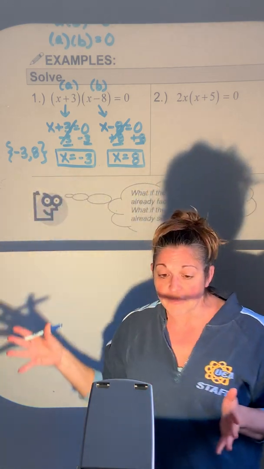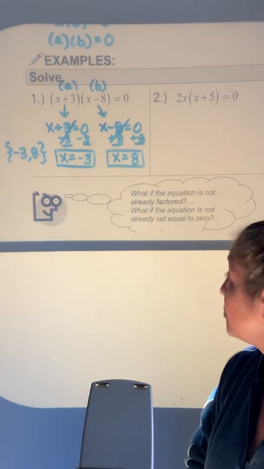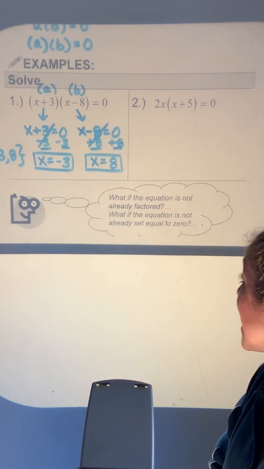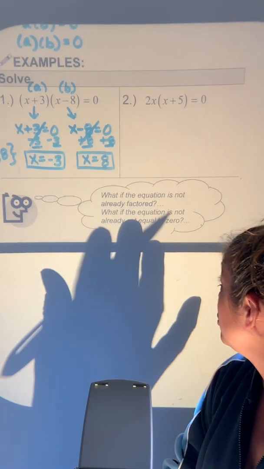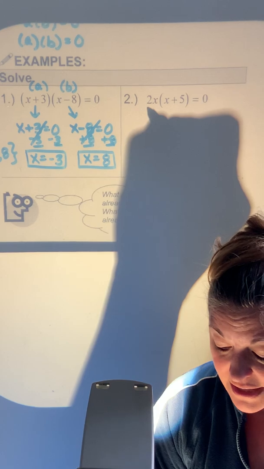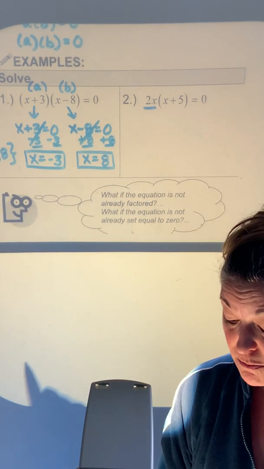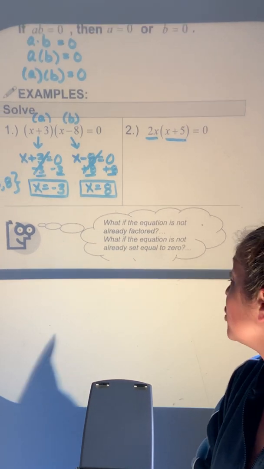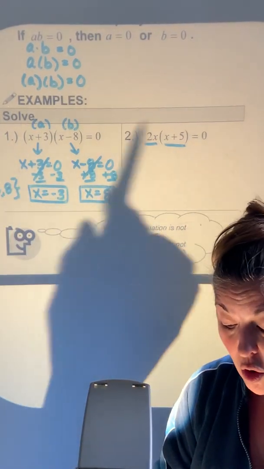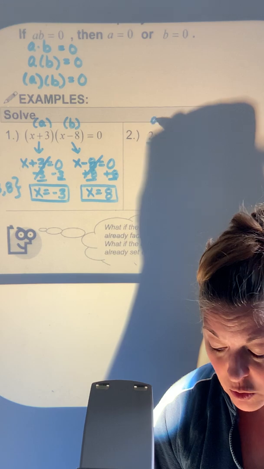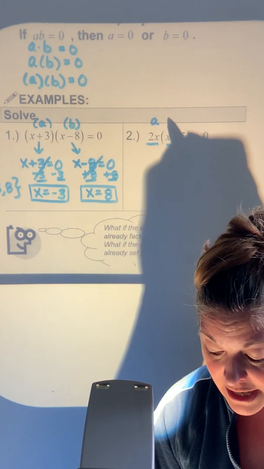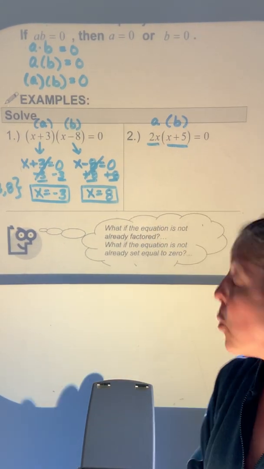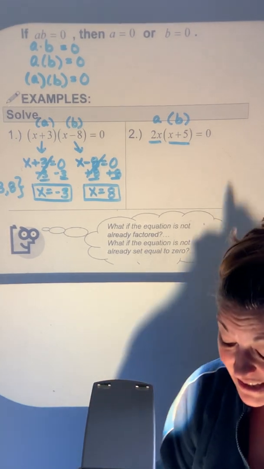Okay? Moving on to number 2, it's pretty much set up that same exact way. We've got the 2x on the outside, and that whole thing is being multiplied to x plus 5. Again, treating it sort of like up here. All this is saying is I've got this quantity that's A being multiplied to this quantity that's B, and guess what?